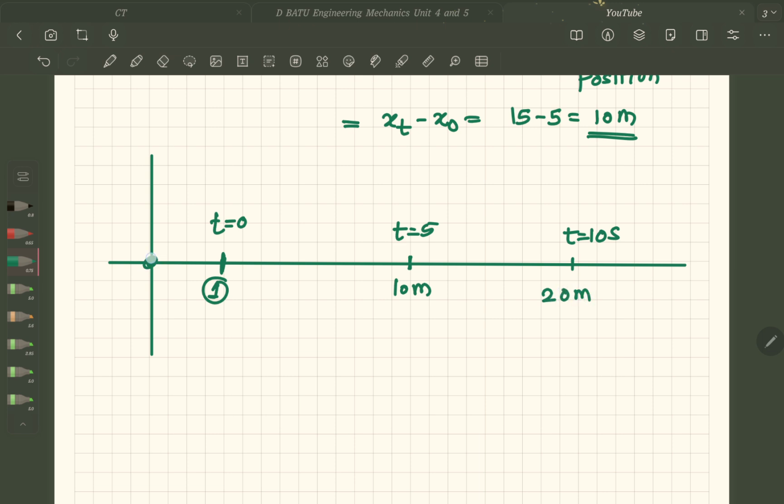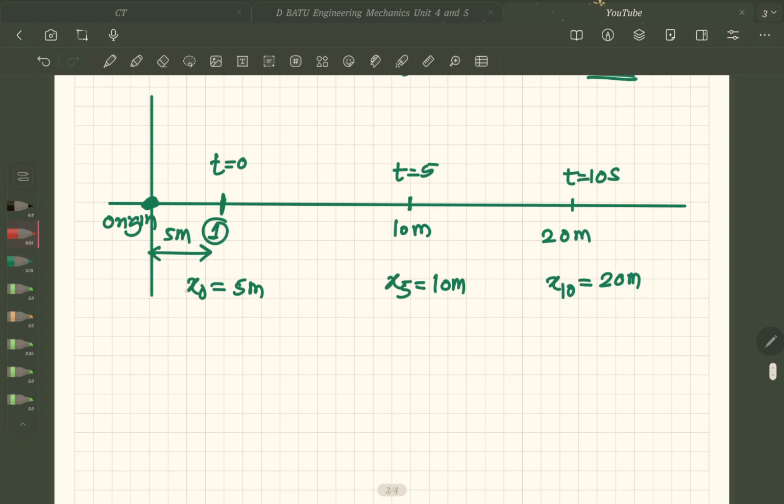Then the position with respect to this origin, x0 will be, if I consider this as 5 meter, then x0 will be 5 meter. At time t equals 5, it will be 10 meter, and at time period 10 seconds, the x will be 20 meter.